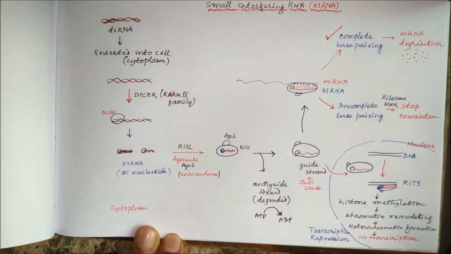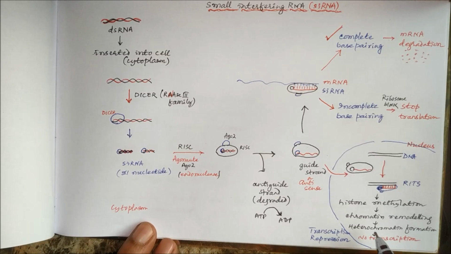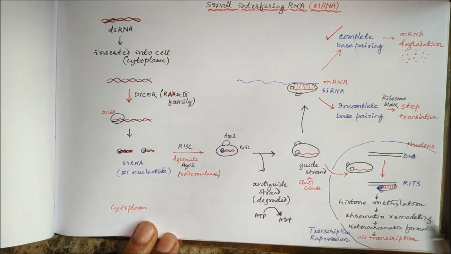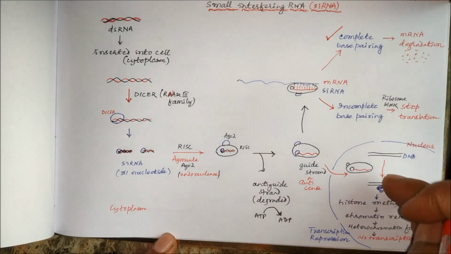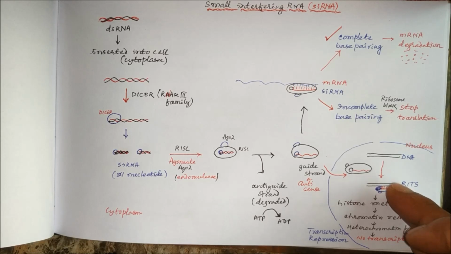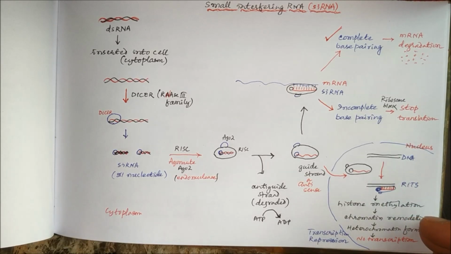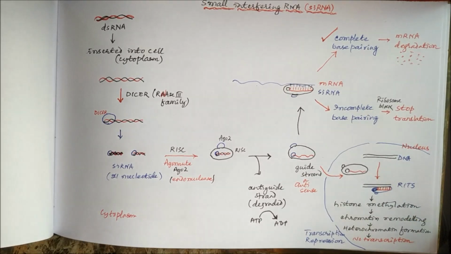So there will be methylation of the histone proteins, and there will be remodeling of the chromatin. So it will result in the heterochromatin formation. As you know, if there will be heterochromatin, there will be no transcription. For transcription, the euchromatin is required, and in case of heterochromatin, there will be no transcription.